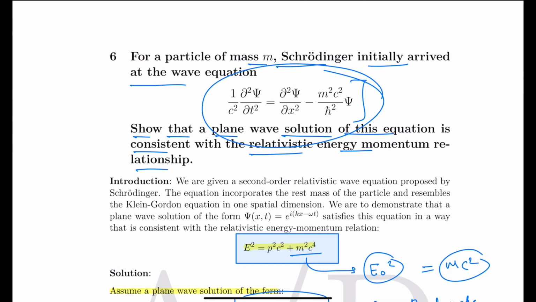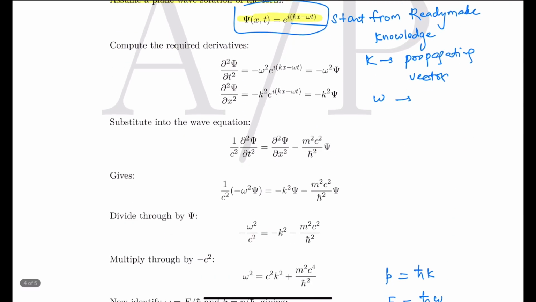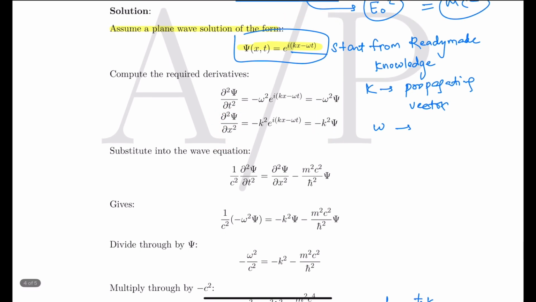In this equation, there is a double derivative of the wave function with respect to time, and a double derivative of the wave function with respect to position. So we are going to find both. The double derivative of the wave function with respect to time is minus omega square psi, and the double derivative with respect to x is minus k square psi. You can calculate it yourself. It is very simple.